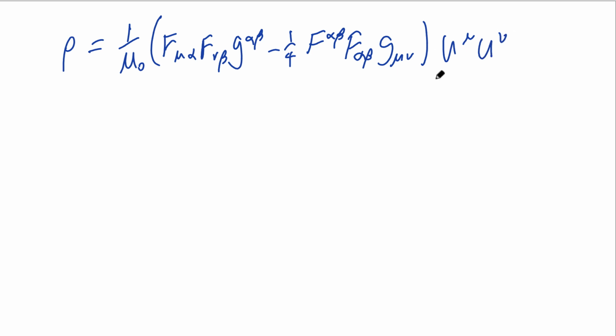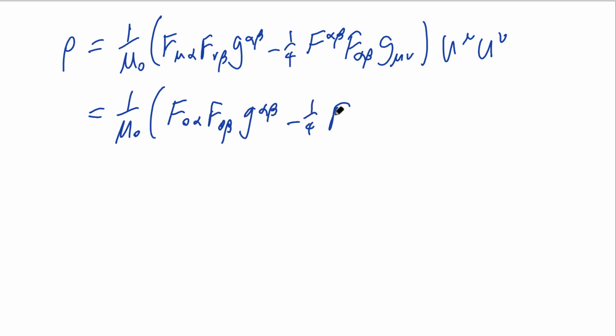And because the zeroth component of u is 1 and the other components are 0, that just converts the mu and nu in here to the index 0. So this is 1 over mu naught, F^{0 alpha} F^{0 beta} g_{alpha beta} minus 1/4 F^{alpha beta} F_{alpha beta} g^{00}. And of course, the metric here is the flat space-time metric eta_{alpha beta}, just minus 1, 1, 1, 1 down the diagonal.